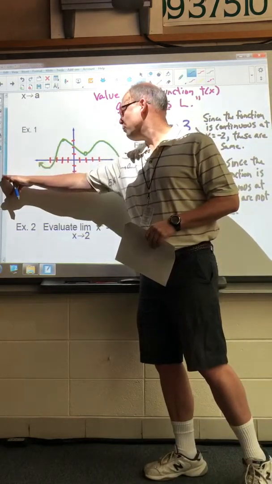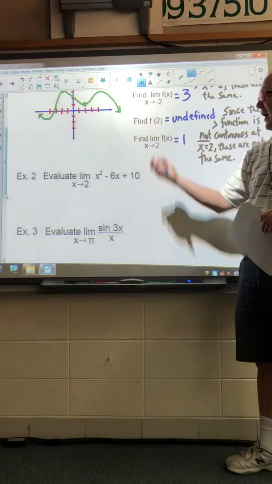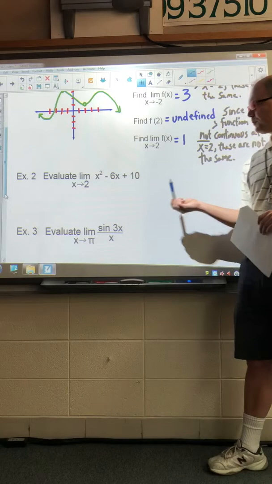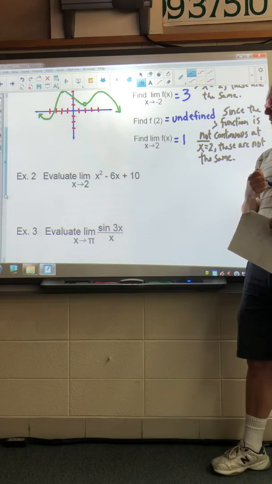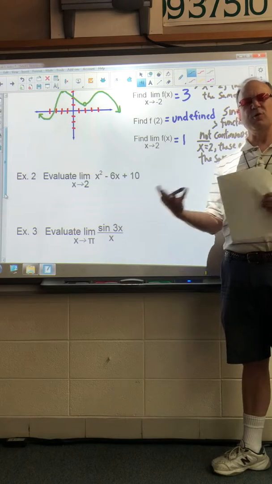Most of the problems you'll be doing on your homework, you're not going to see the graph, you're just going to see the function. I'm hoping that with at least some of these, the functions are somewhat recognizable.